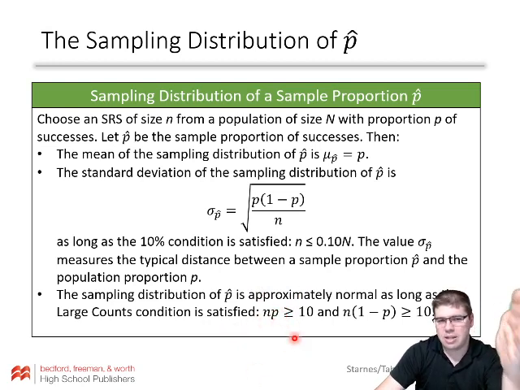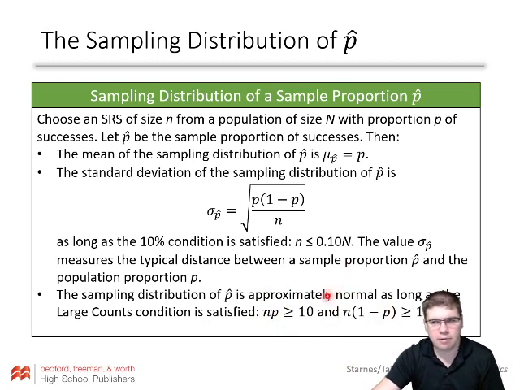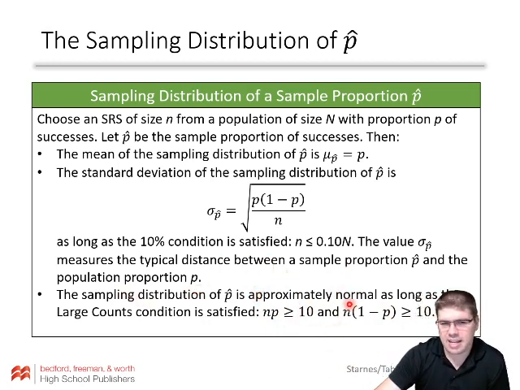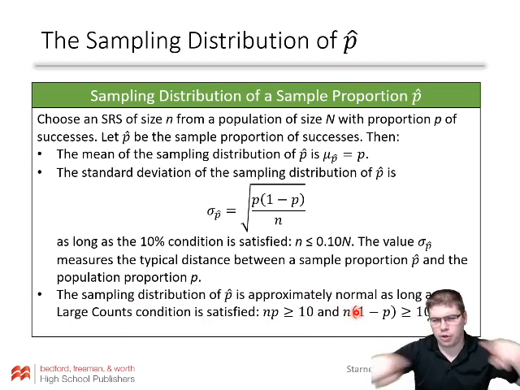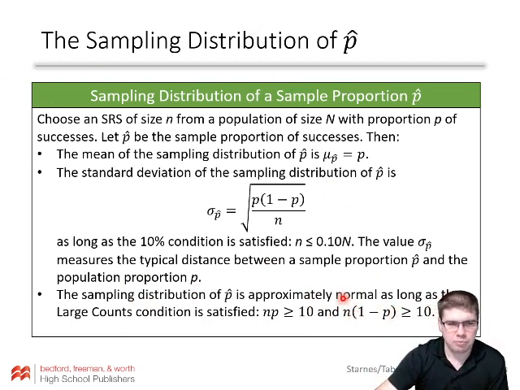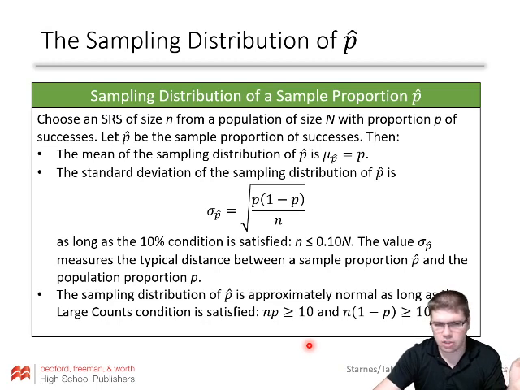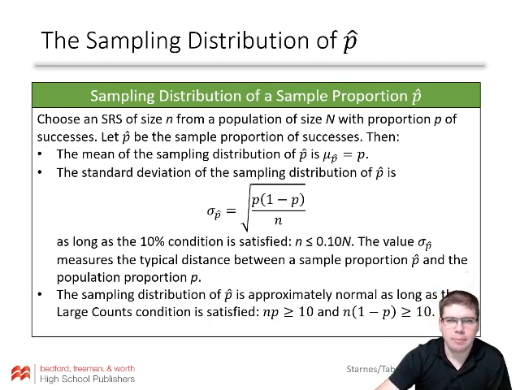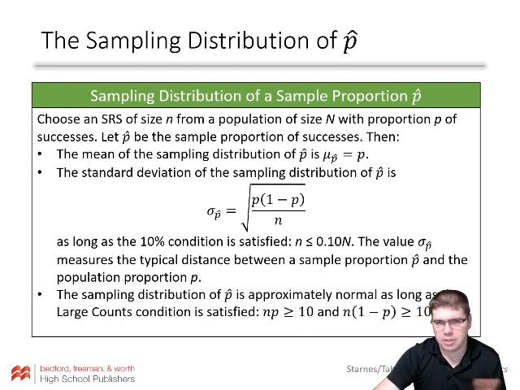And n times 1 minus p needs to be at least 10. That's the expected number of failures, so that you have room for the curve to curve out on those sides. If you get too smushed up against the max or the min, 100% or 0%, that's when you get the skew.